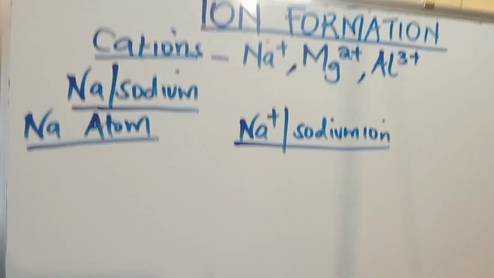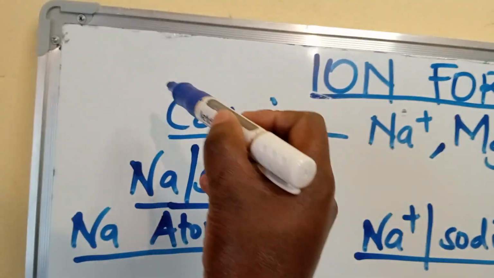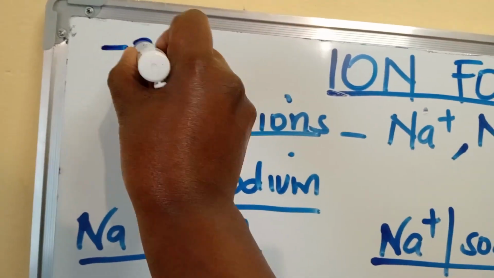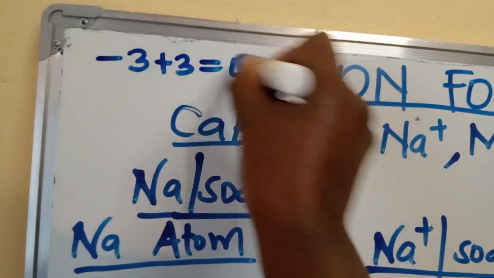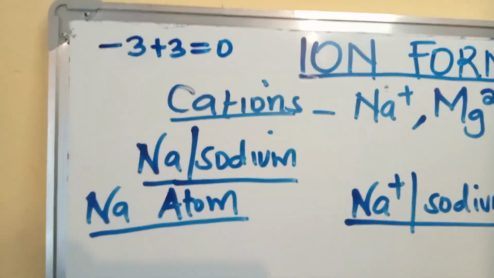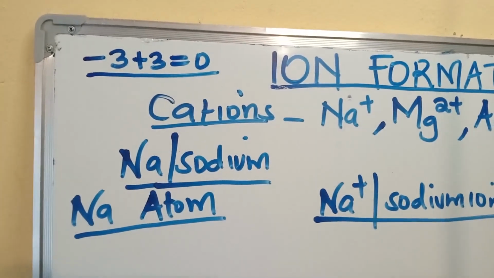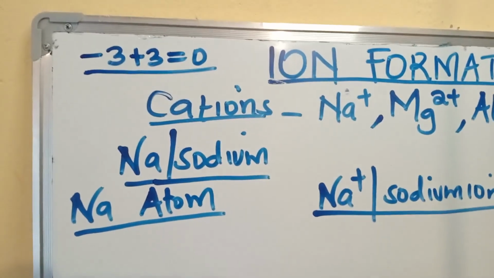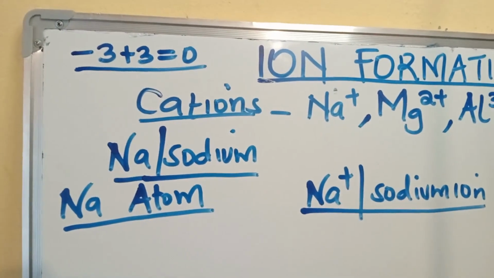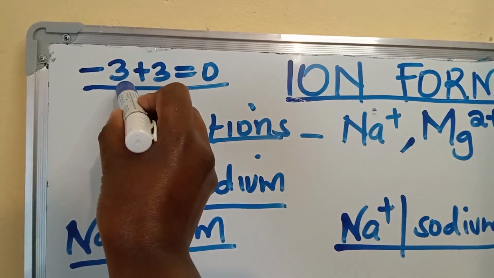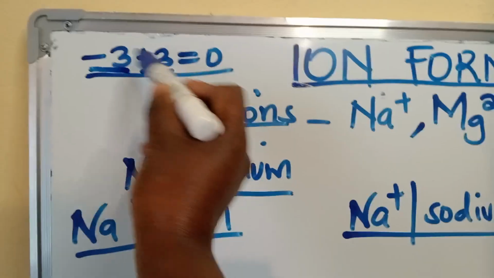So you see, even in mathematics, we have something like -3 plus 3 is equal to 0. Think about this mathematical calculation, the normal mathematics. When you have -3 plus 3, here we have negatives, and here we have positives, and they are equal.